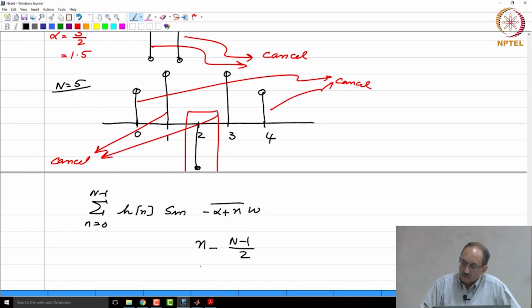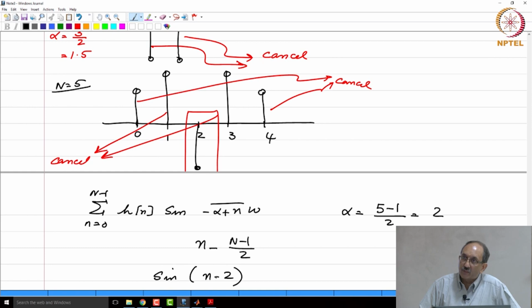In this particular case, alpha is 5 minus 1 by 2, which is 2. Notice that this sample corresponds to little n equal to 2, all right. Therefore, you have the case, you have sine of n minus 2 for this particular example.